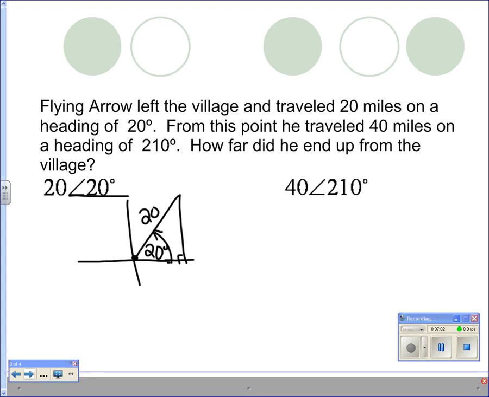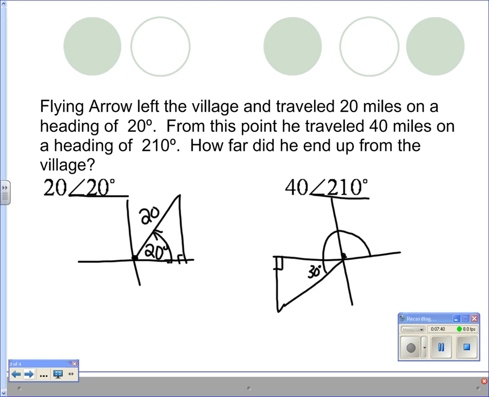Okay. For this one, 210 degrees. I'm going to go this way. Have I hit 210 yet? Okay. This is 30 degrees. Does everyone see why that is 30? Yes. You went 180 and then you had to go 30 degrees more to get to 210.